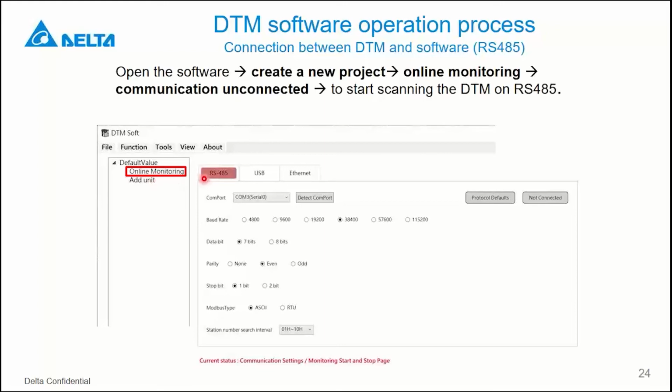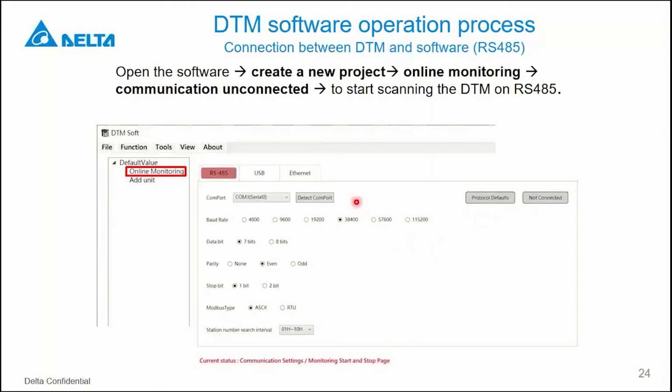The system will automatically show the connections, and you have to select which one you are using. For example, we use RS485, so we have to set up the basic parameters. Then we go to the next step to start the scan.